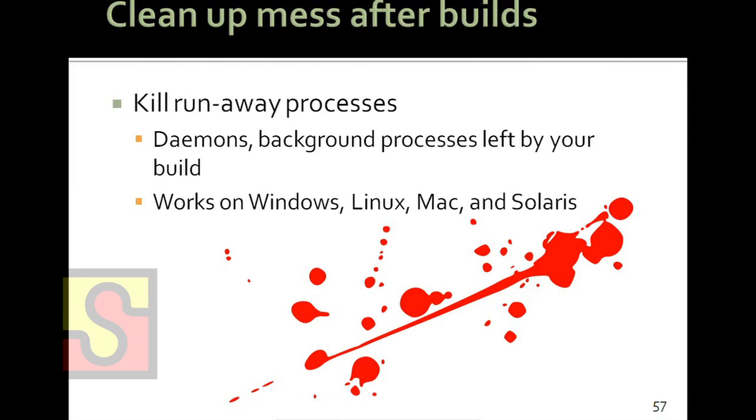It actually looks into all the processes that are launched during the build, and if those are still running after the build, we will go after those and kill them. And these implementations are available on the major platforms. So even with poorly written build scripts or test environments, you could still maintain the Hudson cluster. So this is the kind of thing that Hudson does behind the scenes to help you maintain a good working condition cluster without doing any system administration work.